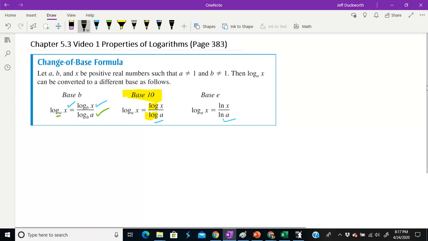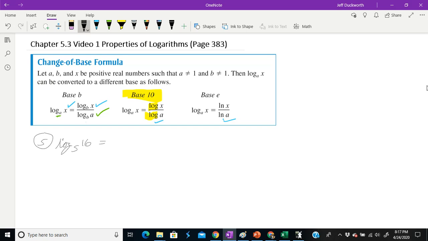All right, so there's some problems on page 383 that we can do here. Let's give it a try. Basically, they want you to do a change base group of problems, so I'll do a couple of those. In problem number 5, they want us to change the base of log base 5 of 16. Well, the 16 will go on top and the 5 will go on bottom.